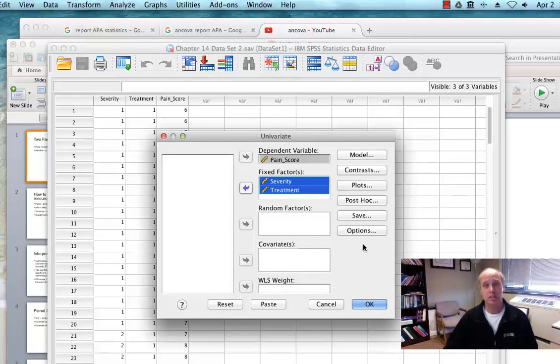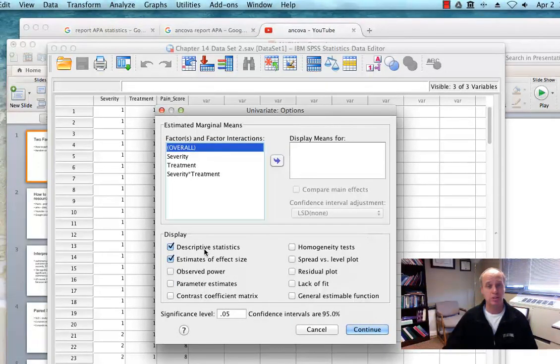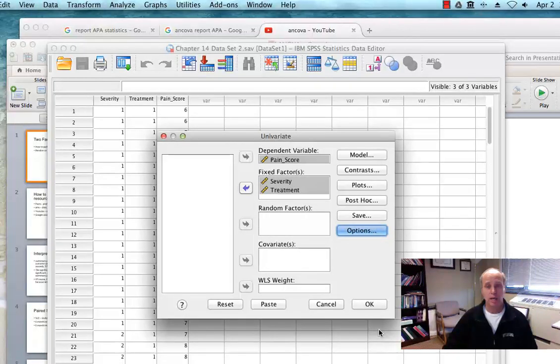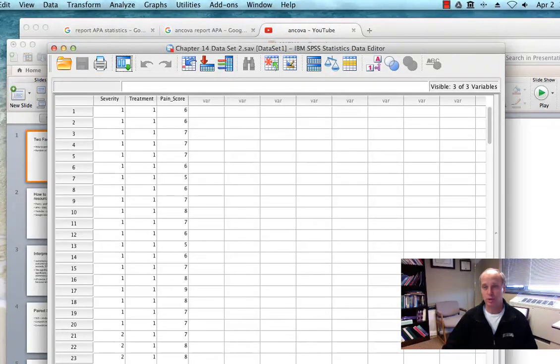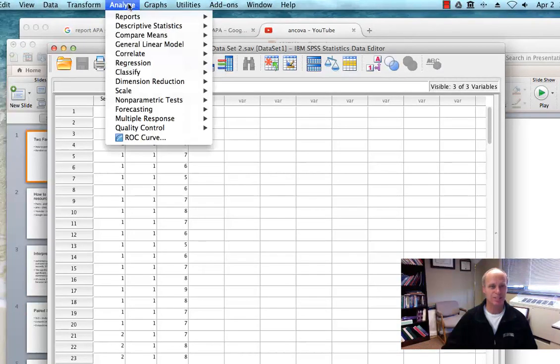When you run the two-factor ANOVA, you want to make sure you go to Options and select at least descriptive statistics. I usually like to see effect size whenever I can, so I selected that. And then you run it. I already have, so I'll bring up the output. Let me run it again because I can't find the output.